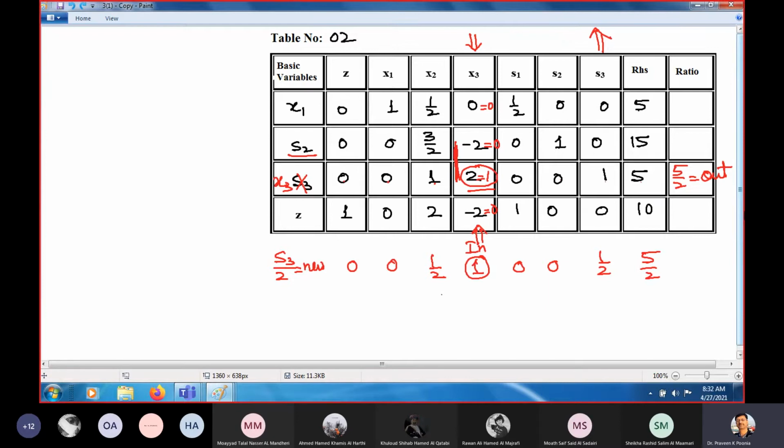Just a minute. There is some problem in the paint. It is not working.